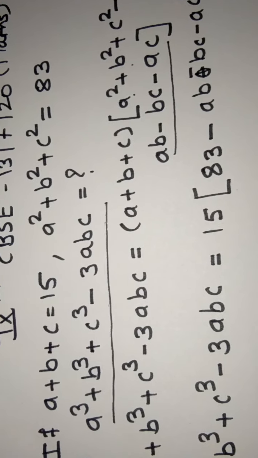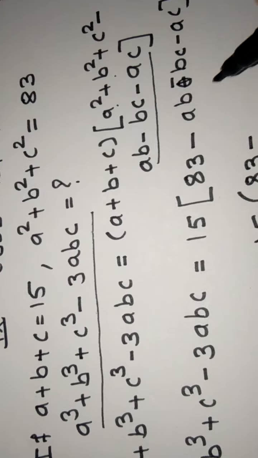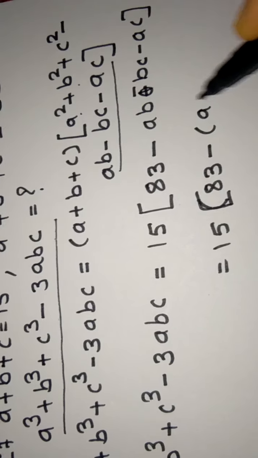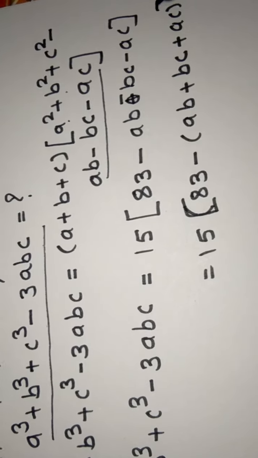That is equal to 15, and in the bracket 83, take the minus sign out, then ab plus bc plus ac.